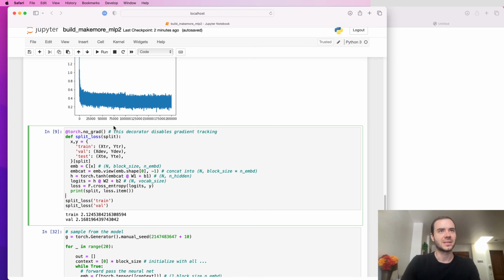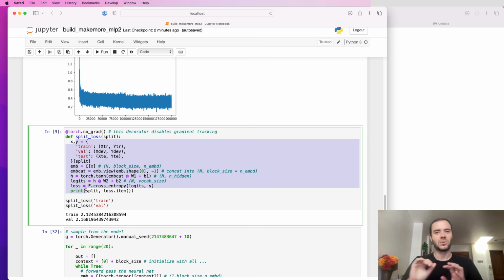One thing that you'll notice here is I'm using a decorator, torch.no_grad, which you can also look up and read the documentation of. But basically what this decorator does on top of a function is that whatever happens in this function is assumed by Torch to never require any gradients. So it will not do any of the bookkeeping that it does to keep track of all the gradients in anticipation of an eventual backward pass.